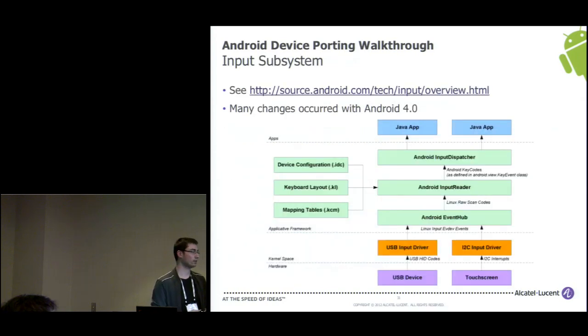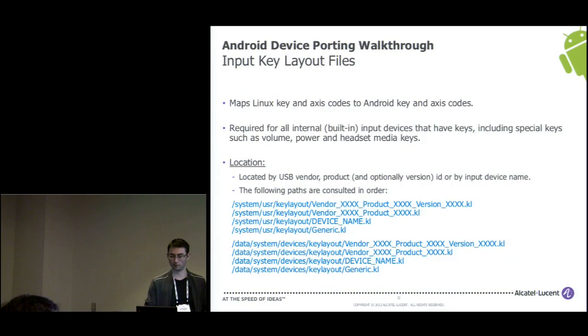And what the input reader does is look for files first within the system/usr/keylayout directory, and otherwise within the data/system/devices/keylayout directories. And it tries to find some matches between your hardware and the mapping that can be done.